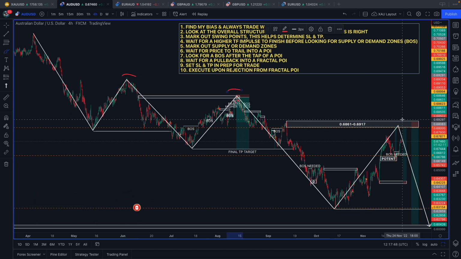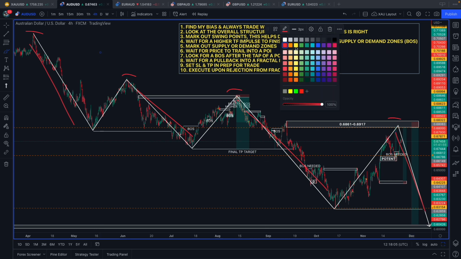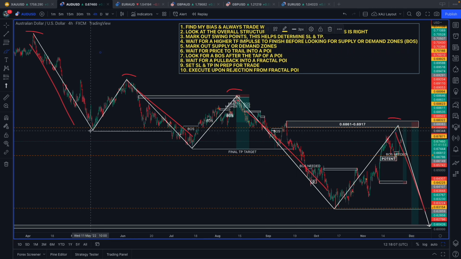As we can see, these are the peaks here, and then price goes on to create its impulse. These are impulses. This will be its next impulse, hopefully. And then we have our corrections. If I change the color of this, you'll see that these here are the corrective waves.